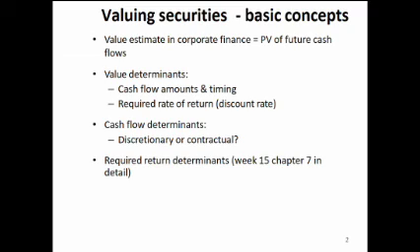If we have an investment which has uncertain cash flows or discretionary cash flows, this will be valued less than an investment which has fixed cash flows or contractual cash flows. We will look at how to determine the required return when we look at cost of capital in week 15.